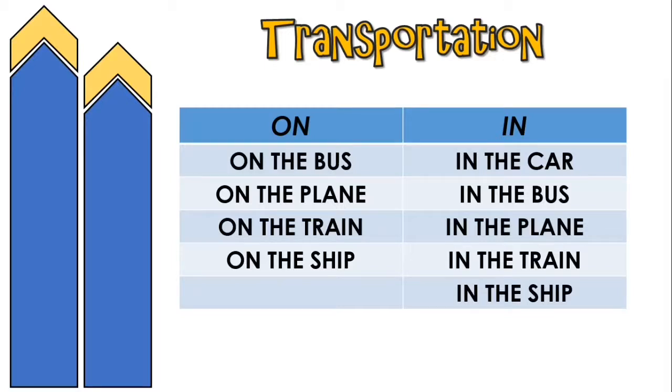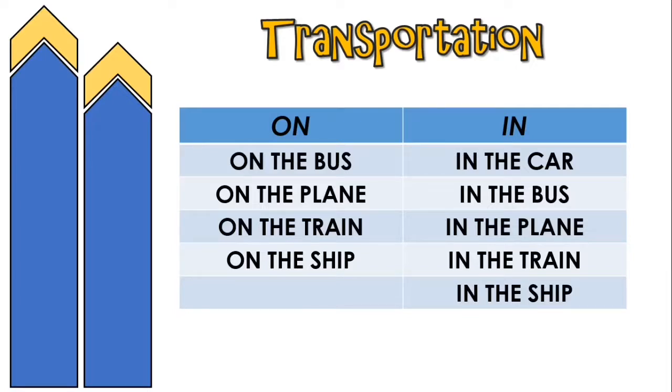We use the preposition on if it's a public transportation, and especially if it is moving, while we use the preposition in if it's a private transportation, just like the car. However, it has a thin line for the bus, plane, train, and ship.